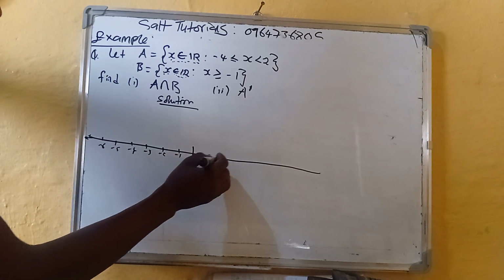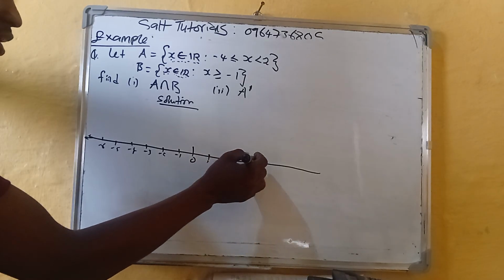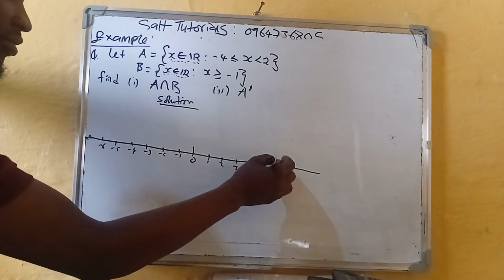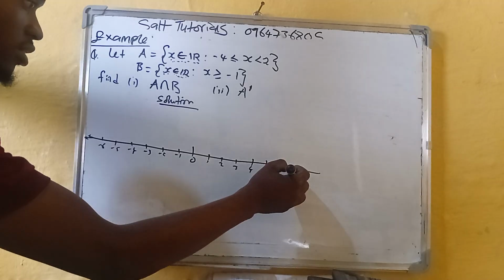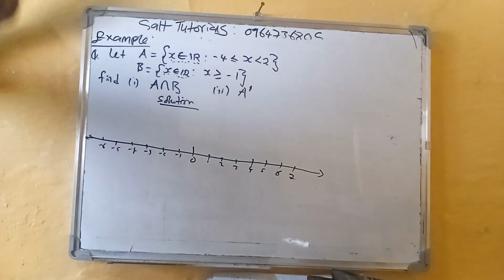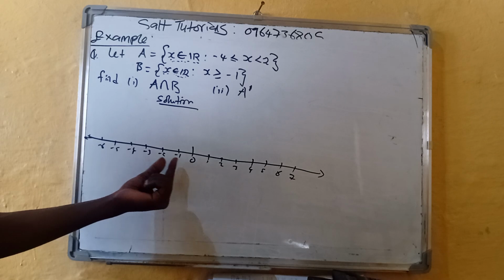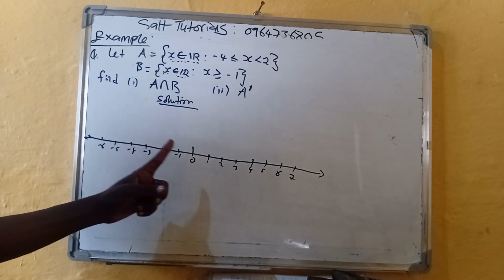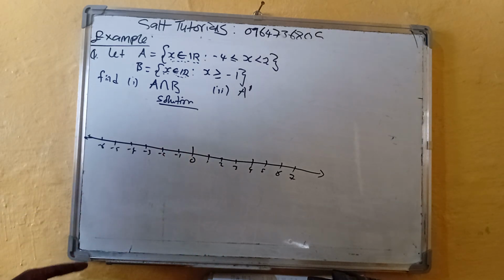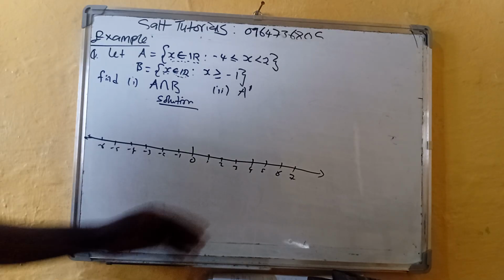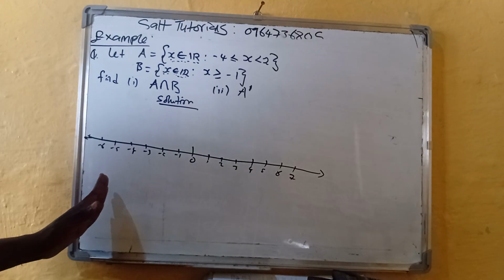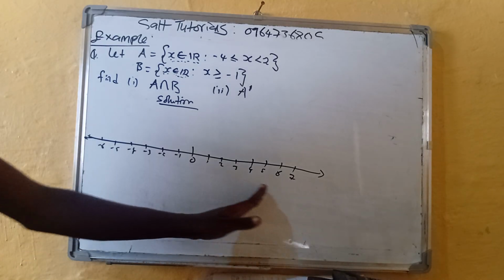This side I have 1, 2, 3, 4, 5, 6, 7, and the count continues. I'm using these numbers not necessarily to say that I'm talking about whole numbers. No, it's just basically a direction. This also embraces decimals. We're not just listing whole numbers; even decimals are included. So the best is you sketch on your number line.